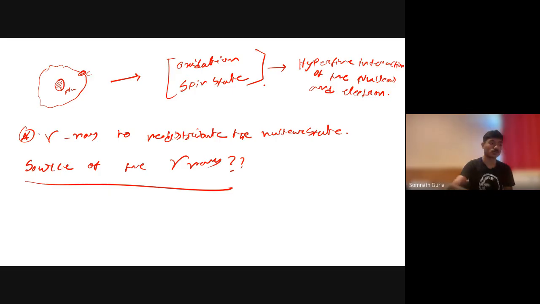Okay. So if our sample's nuclear spin state is changing from half to 3 by 2, then my source should go from 3 by 2 to half.